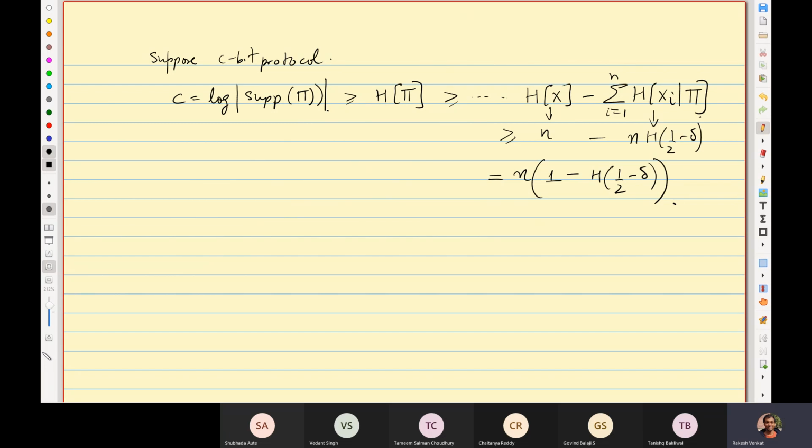It's worthwhile to do this algebra once because it relates to another quantity that I'll introduce soon, the divergence. I'll just split this as half and half, but we'll see that in a moment. I'll just write this as half minus delta.